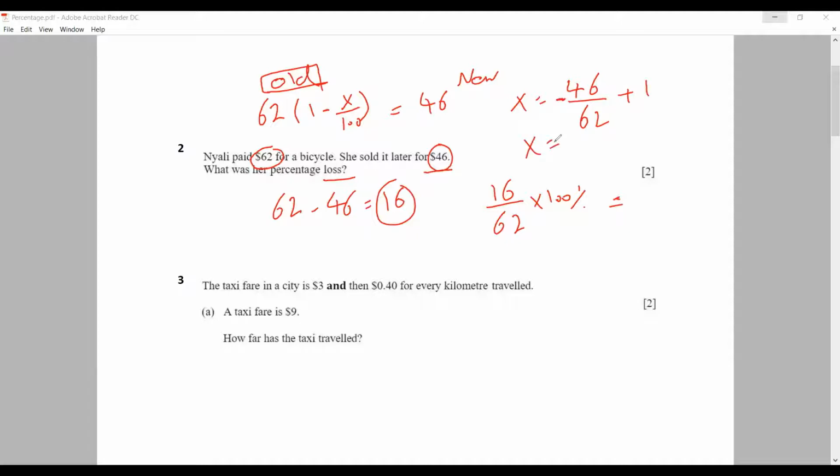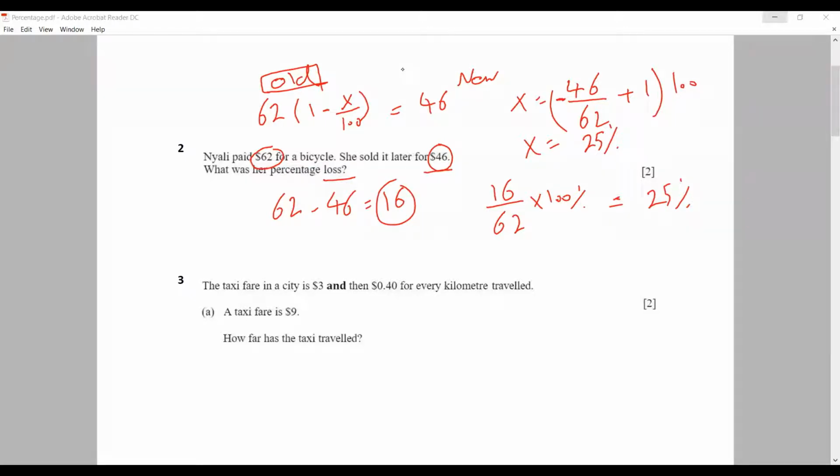So the answer would be 25%, because you have to multiply the whole thing by 100 at the end. And here we get the same thing, 16 divided by 62 times 100%, that is 25% as well. So it's up to you which approach you want to use.